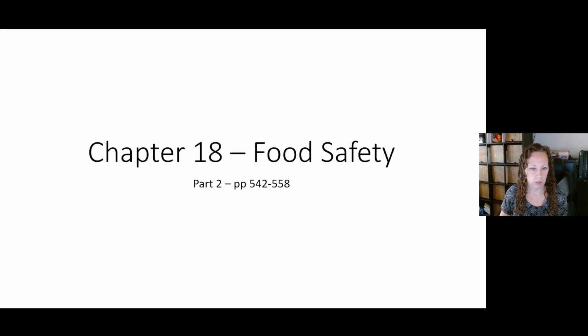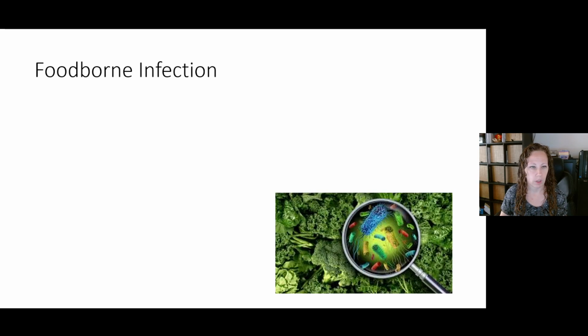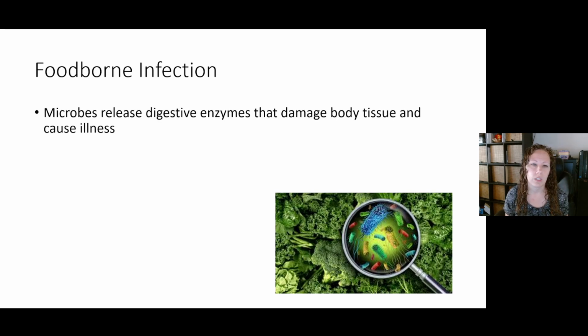So let's move forward. Okay, so foodborne infection, we covered foodborne intoxication last week, and we're going to do foodborne infection bacteria this week. In the case of foodborne infection, these microbes enter the body, and once they are in your body, they release the digestive enzymes that damage body tissue.